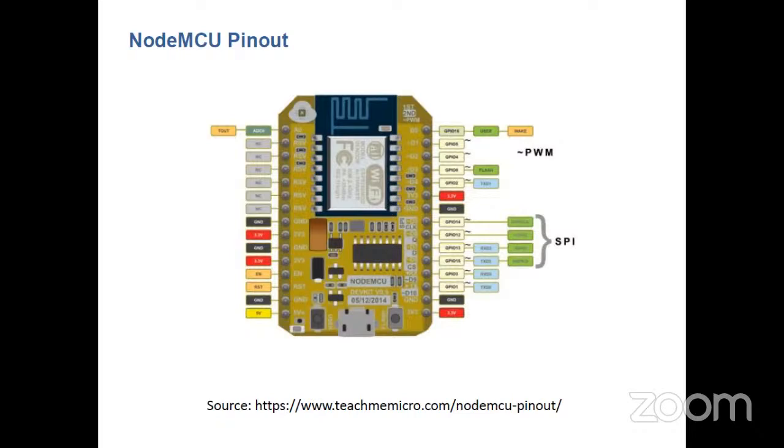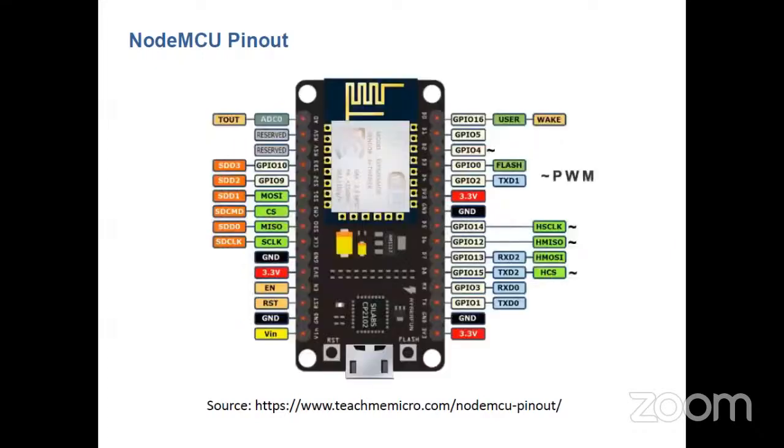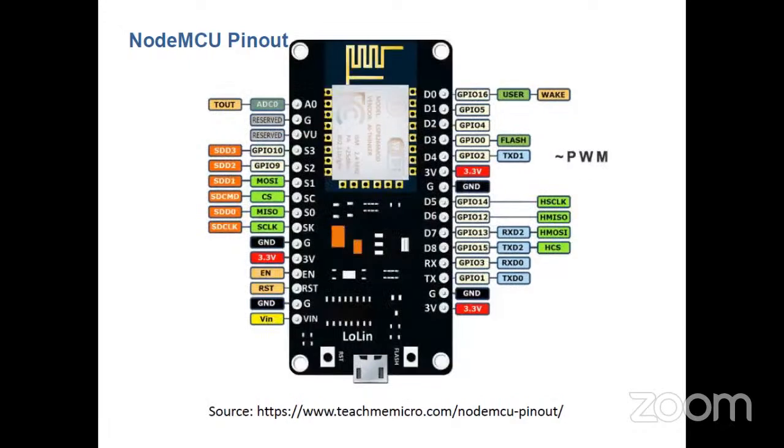Different people have developed boards, and due to this, three kinds of board versions are available. This is version 1, this is version 2. These both were developed by the original NodeMCU people, and this was developed by a different manufacturer called Lolin, and it is called version 3.